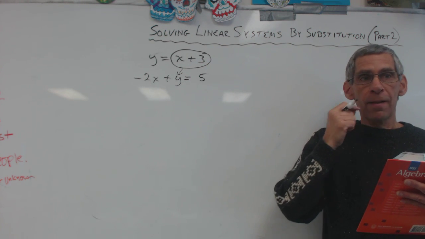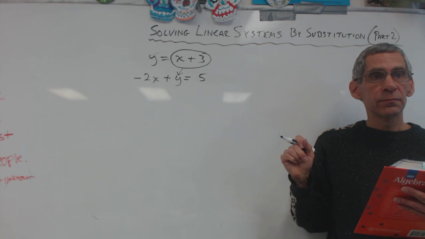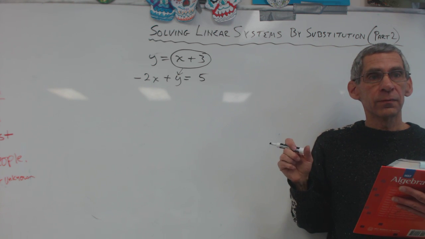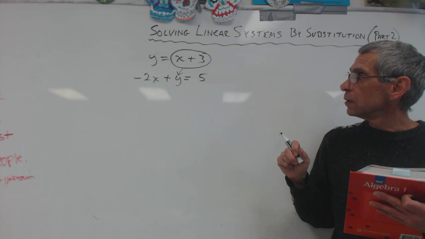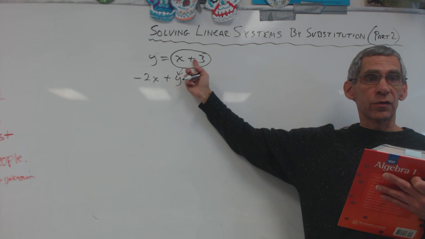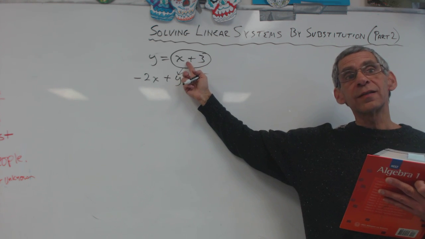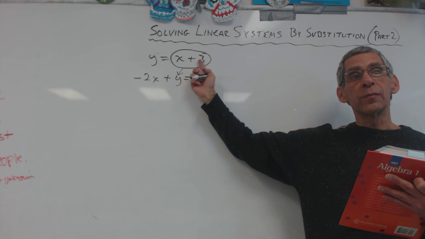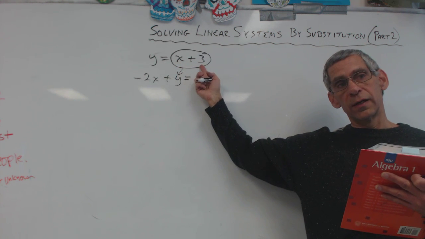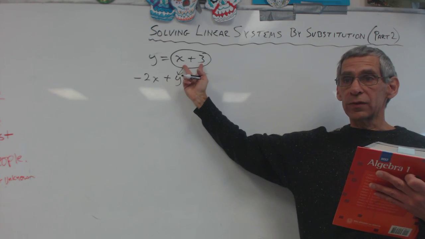Would you turn it into 3x, or would it just stay x plus 3? It's going to stay x plus 3. Good question, because 3x is not the same as x plus 3. 3x is 3 times x; this is 3 plus x, or x plus 3. Totally different things, so you want exactly what's here.